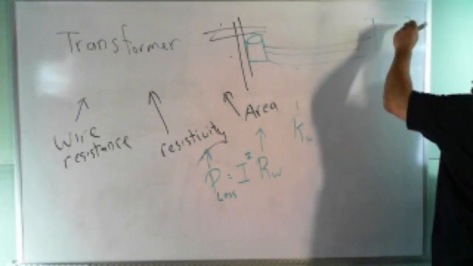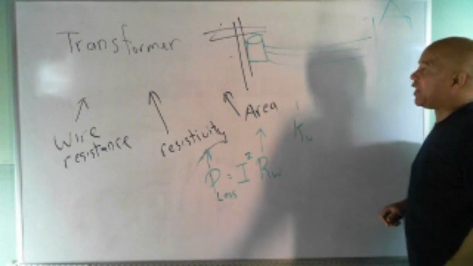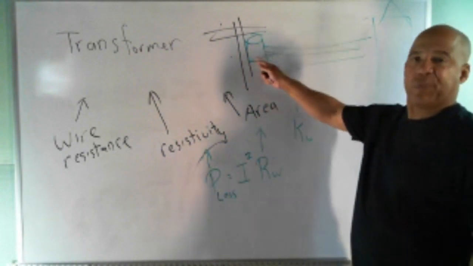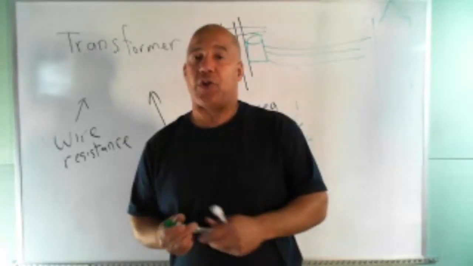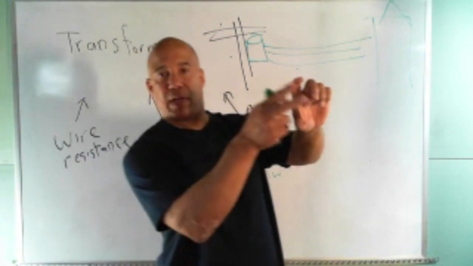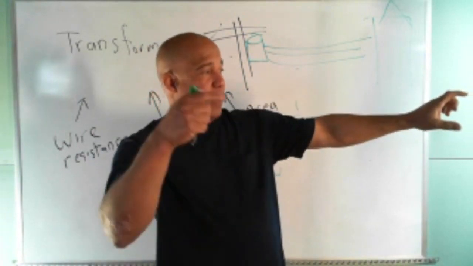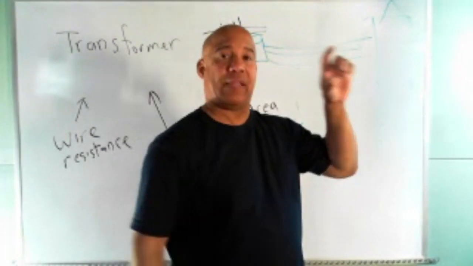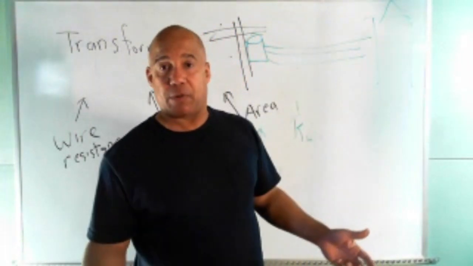Here's your house. You've got 3 power wires coming over there. Well, that's a transformer. Also, if you have a charger, and I'm not talking about a USB charger, but the kind of charger with the plug on it, you plug it in the wall, and then you plug your cell phone into that. The thing that you're plugging in the wall is a transformer.